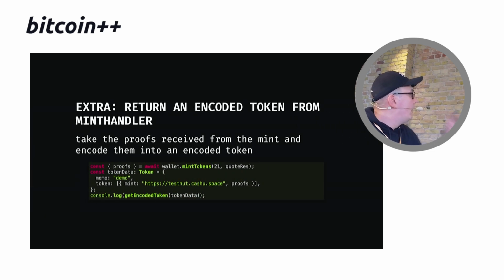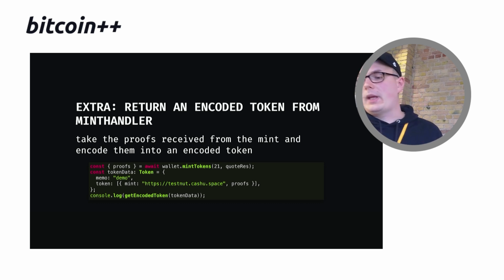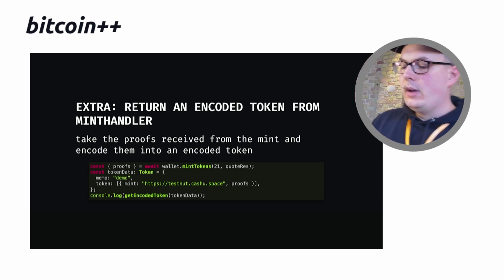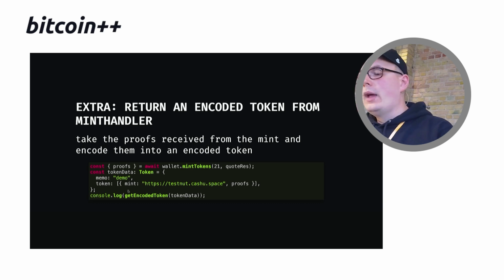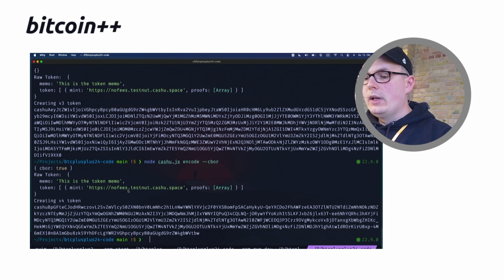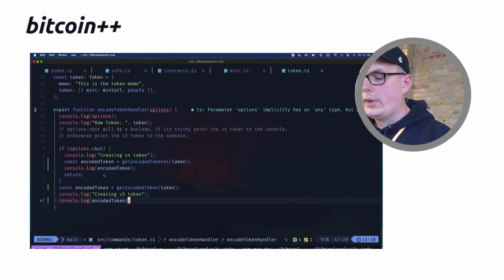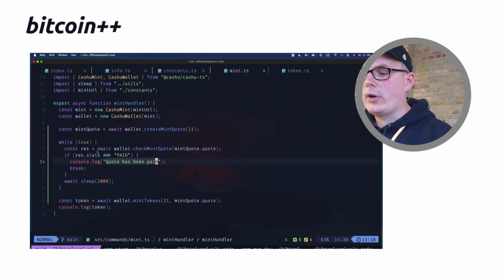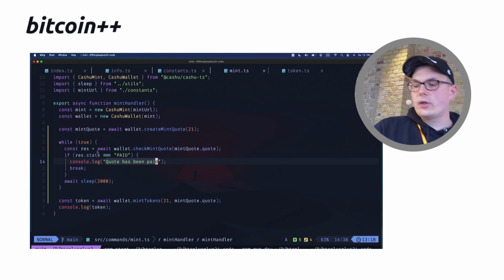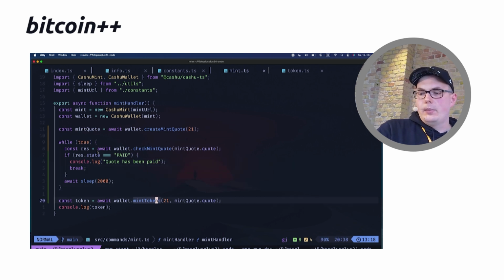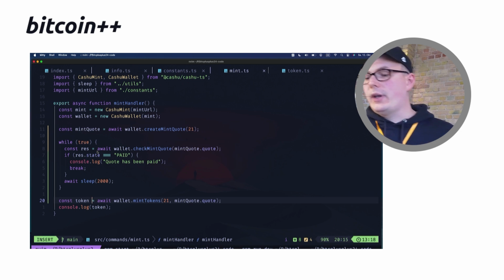So now we can actually go back to our mint handler that gave out this weird proofs structure that we had before, and we can make sure that our mint command returns something that we can work with, like an encoded token, right? So we're just going to open up our mint function again, and we learned mint tokens does not return a token how we think about it.